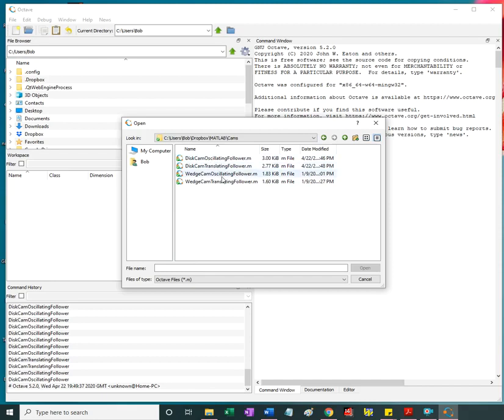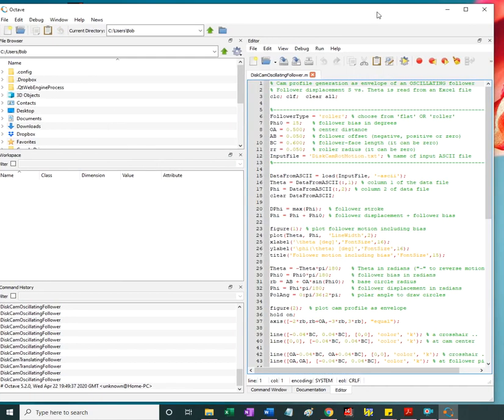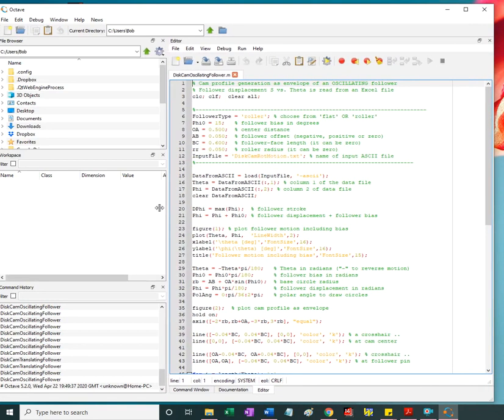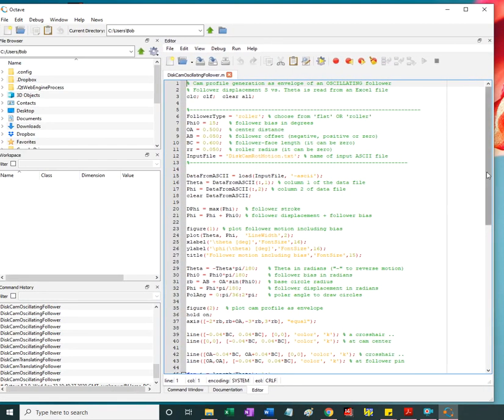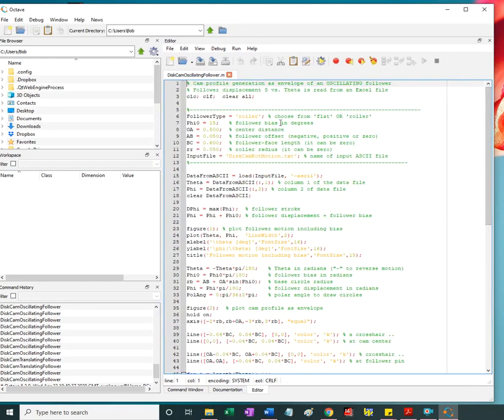This is the cam oscillating follower. Okay, so this is the source code, 2 of them, and here's where you're going to make the changes, the bias.